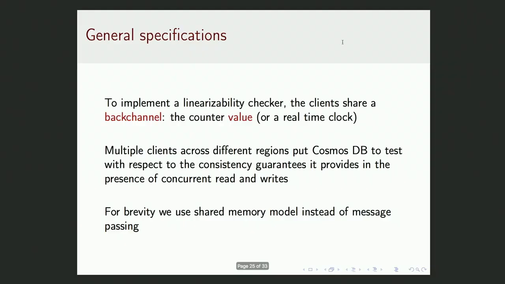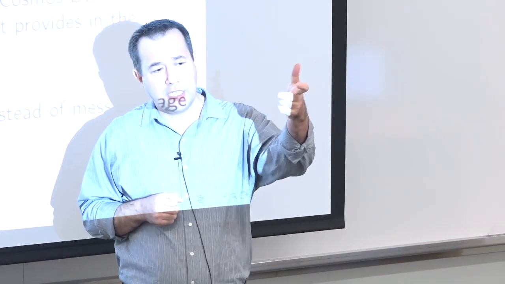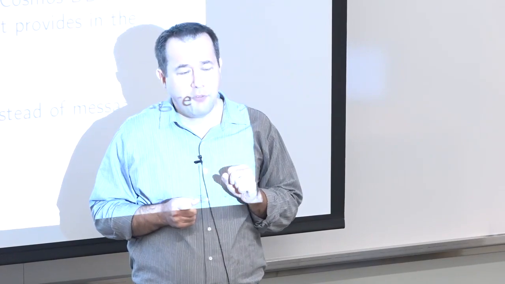So, okay, let's go to the general specifications to show more complex behavior there. So this was with a single client. When we have multiple clients, we are in a problem, because even with strong consistency, I write something, I write 5, I want to read again, but there are other clients.